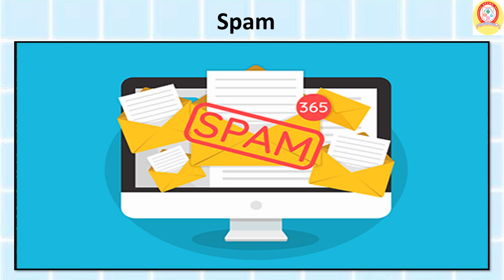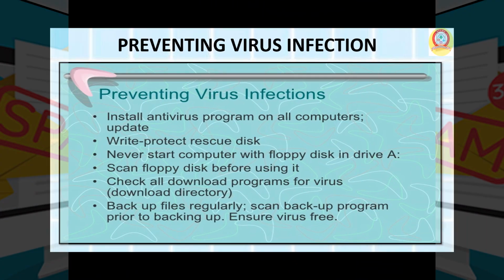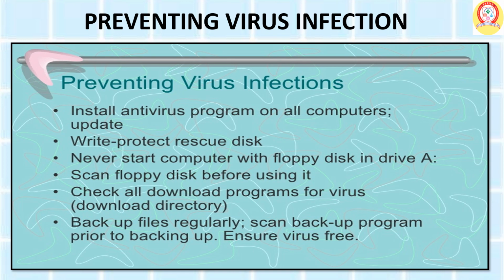Now, children, let's move to preventing virus infection. Here are some of the basic rules that we have to follow to avoid virus infection. On the screen you can also see some extra rules, and whatever I am saying, these are some of the rules.